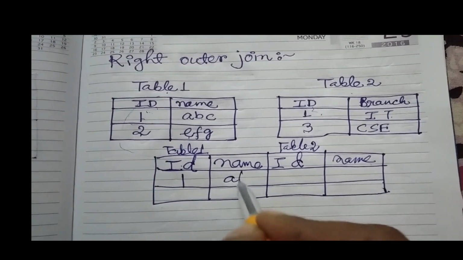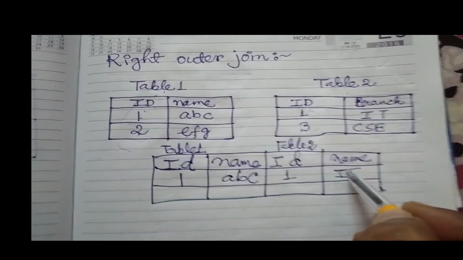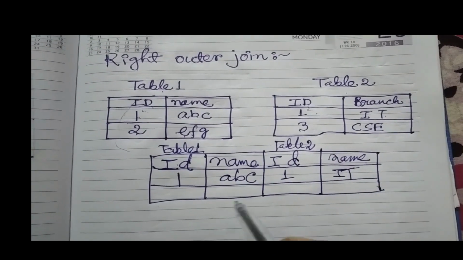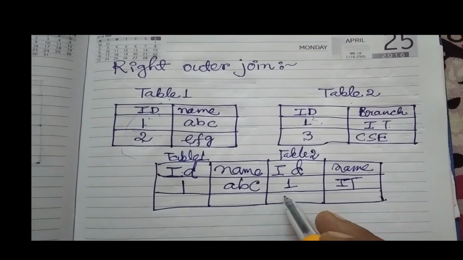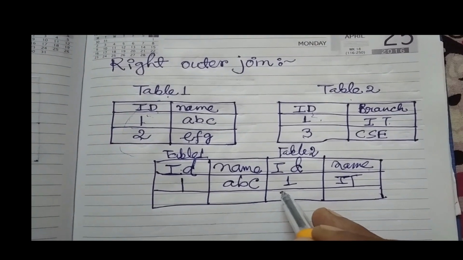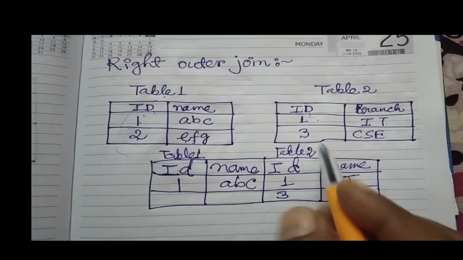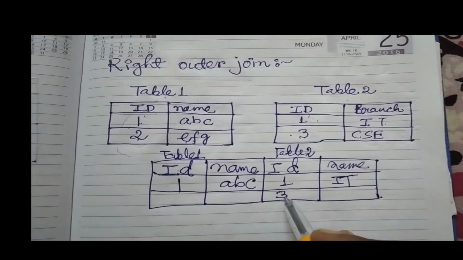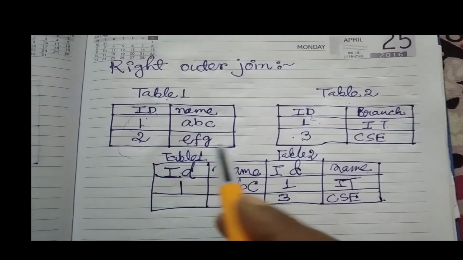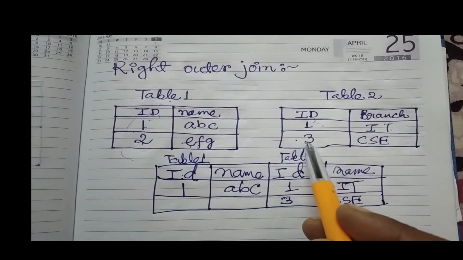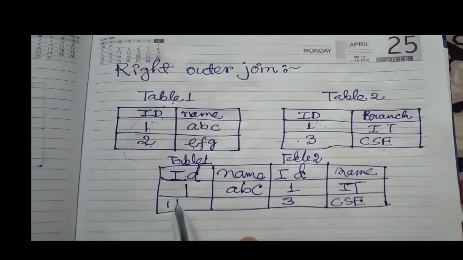One, ABC, one, IT. As it is a right outer join, in this section I write the entities of row 2 of table 2, 3, CSE, and there is no similarity of row 2 of table 2 in table 1, so we write here null.